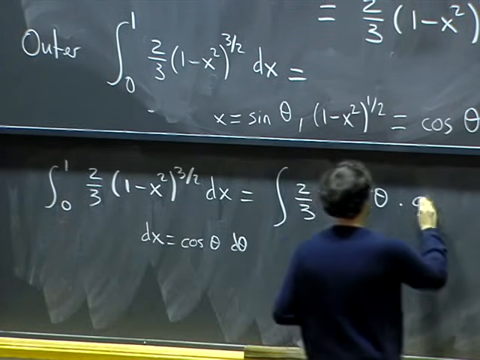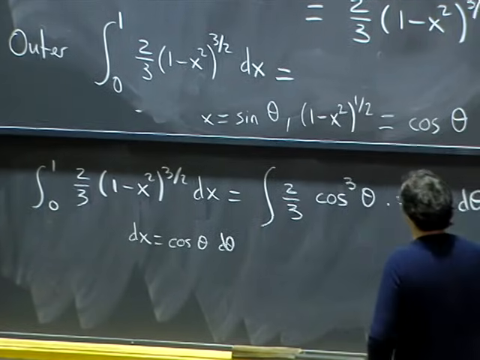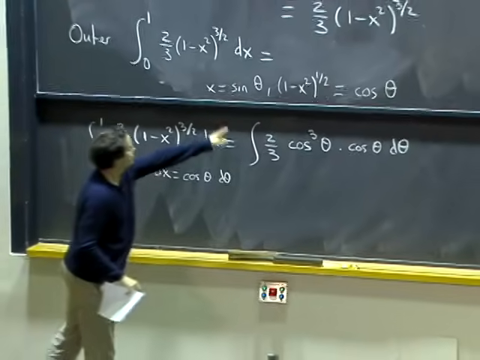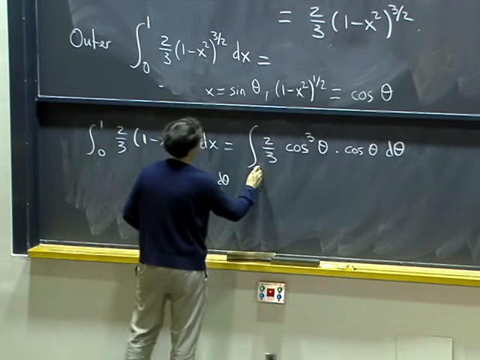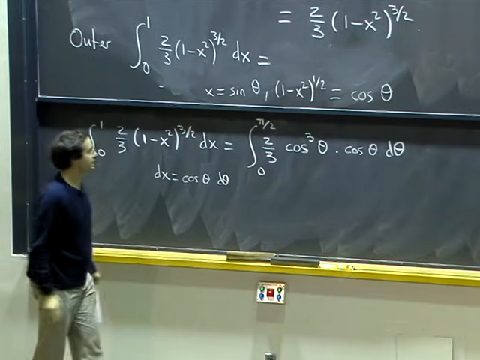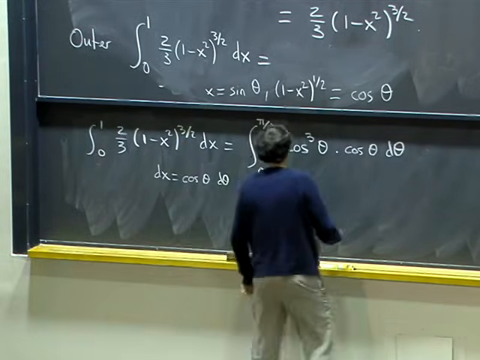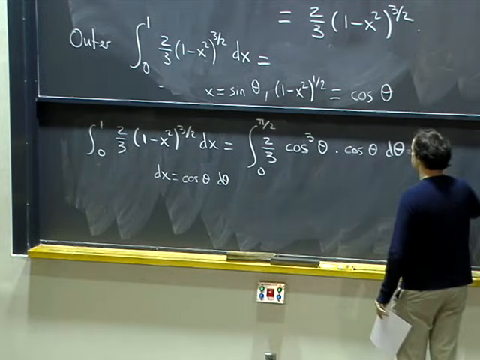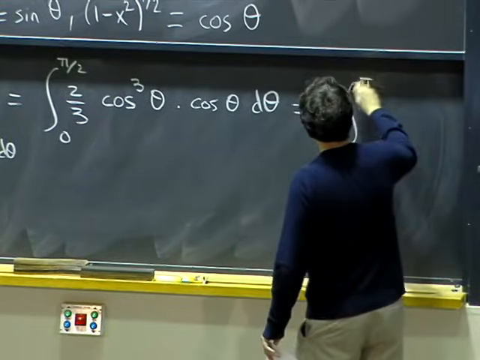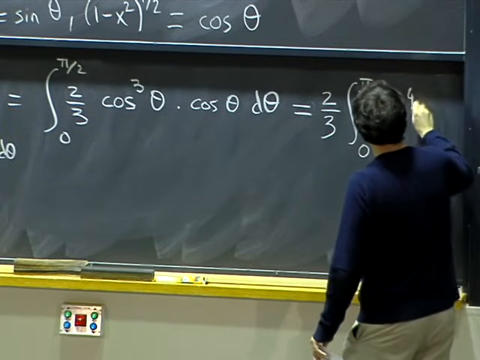If you do substitutions the way I do them, then you should worry about the bounds for theta, which will be 0 to pi over 2. Or you can also just plug in the bounds at the end. So now you have 2/3 times the integral from 0 to pi over 2 of cosine to the 4 theta d theta.